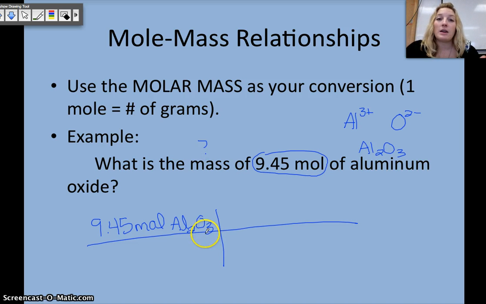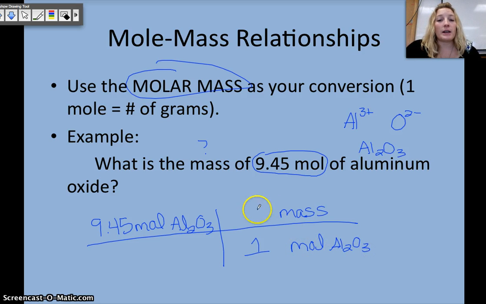So we need that conversion factor to get from moles to mass. Luckily, that's what our molar mass does. So our moles are going to go on bottom, our mass is going to go on top, and we know that for every 1 mole of aluminum oxide, we can look at the periodic table and solve for what our molar mass is, or our grams.